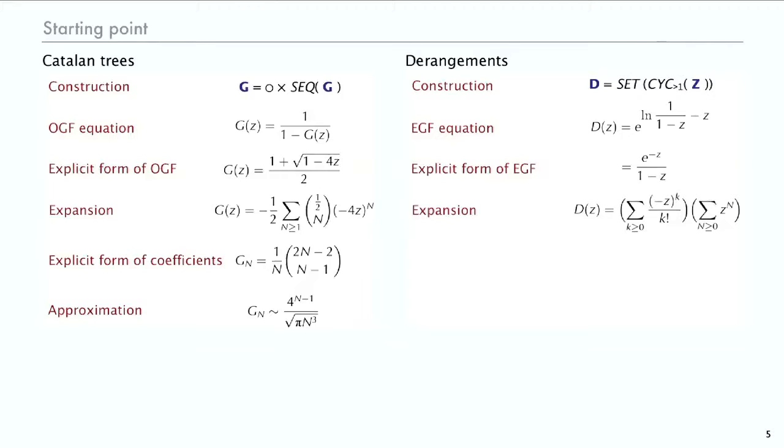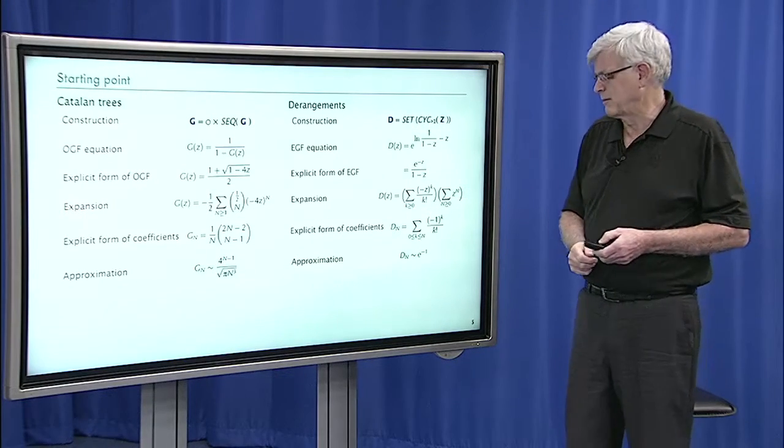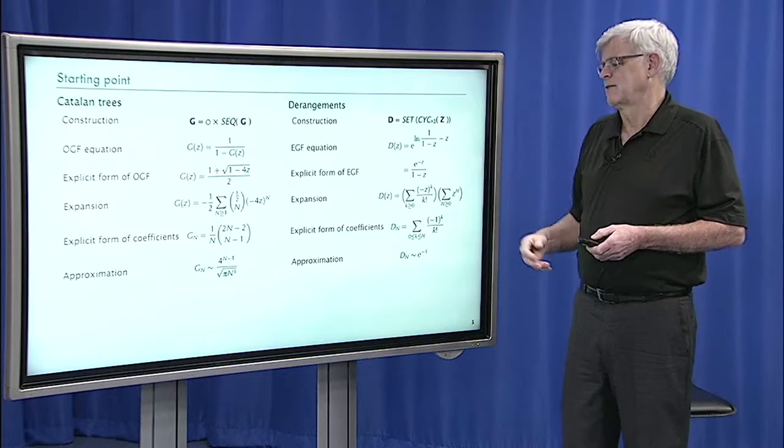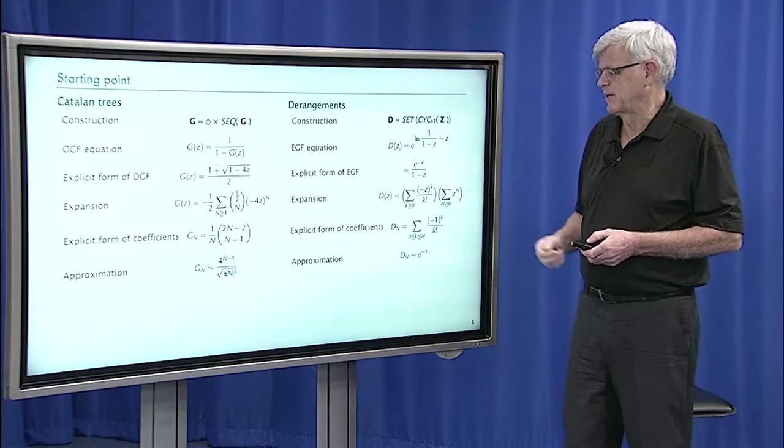And that one we can also expand, but now that's a convolution, a double sum, but we can manage it, get an explicit form of the coefficients, and then eventually see that that approximates to about 1 over e. But we've got mathematical arguments in each one of these steps, and we don't want to repeat these arguments for every problem that we encounter.